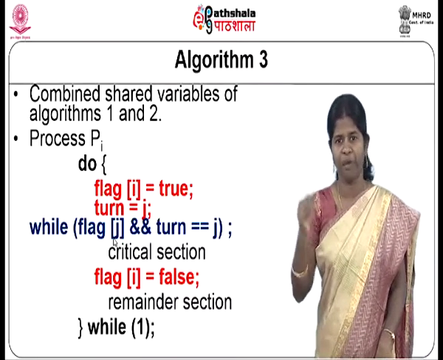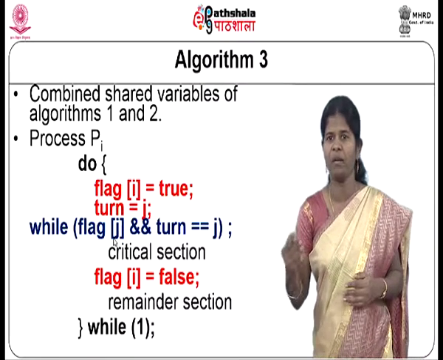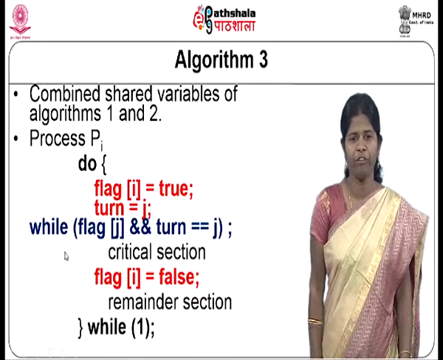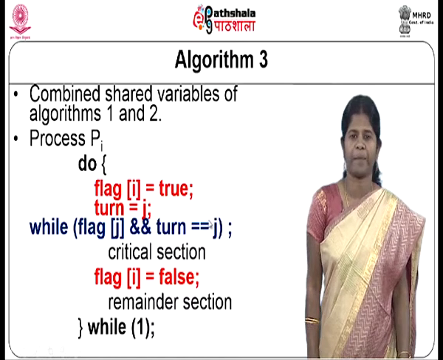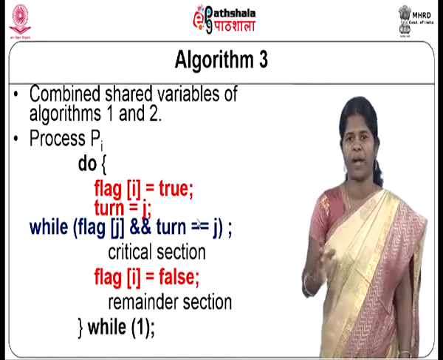When will flag of 1 be true? Flag of 1 will be true when process P1 wants to enter the critical section. And if flag of 1 is true, it also checks if the turn variable is equal to 1.